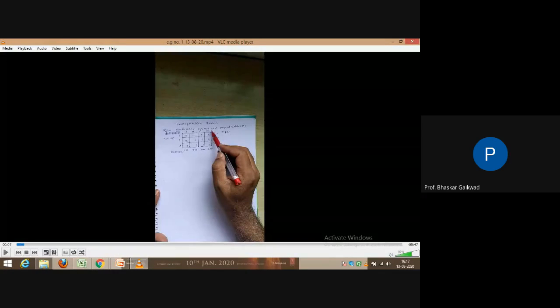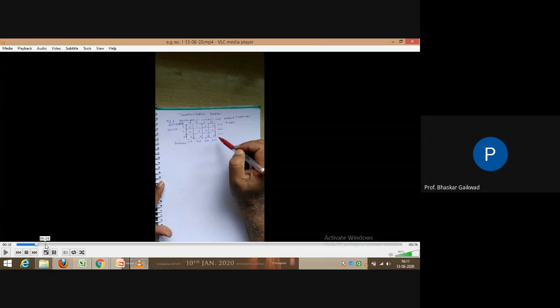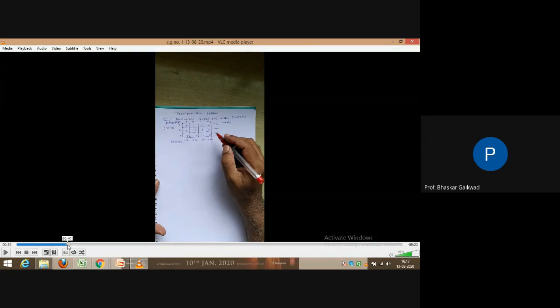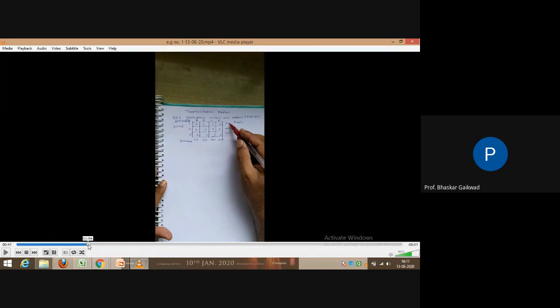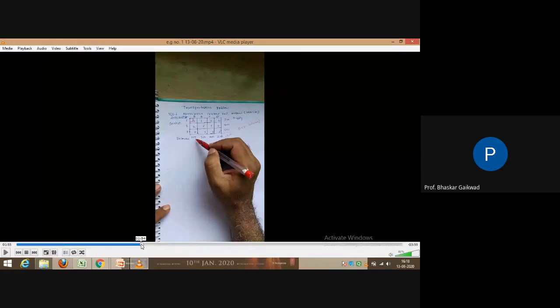After this, whatever table is given, you first go to the northwest corner at the top, and then you have to make a square there. So first corner, that is the square in place of that 3. This is called the northwest corner.